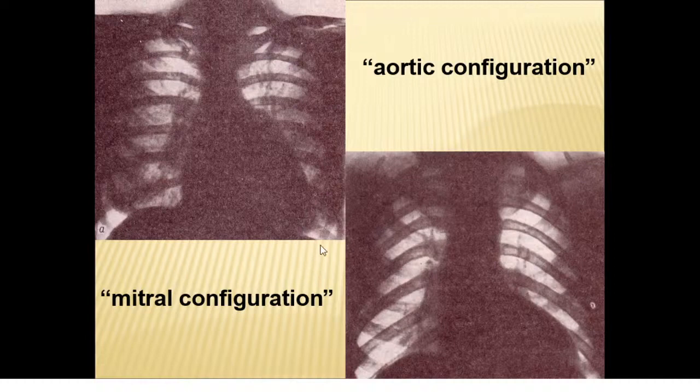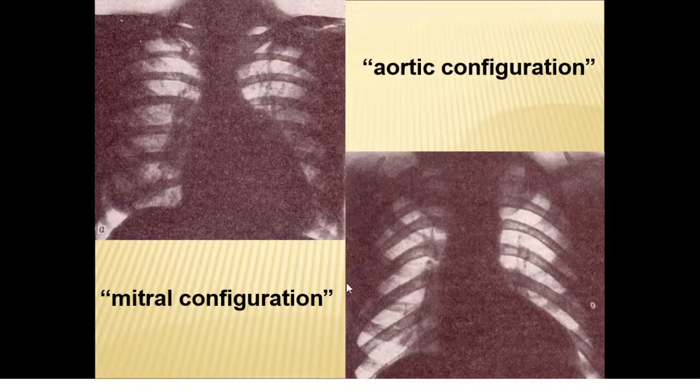Both ventricles are hypertrophied in case of mitral regurgitation, and only the left atrium and right ventricle in a patient with mitral stenosis. Ball-like shape of the heart is called mitral heart configuration, which indicates a mitral heart defect.